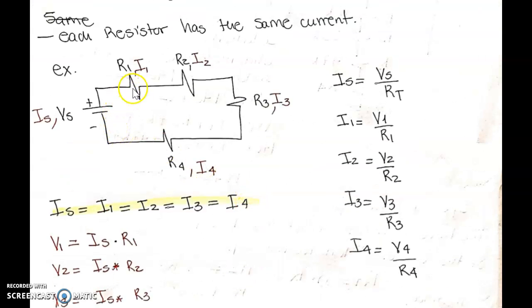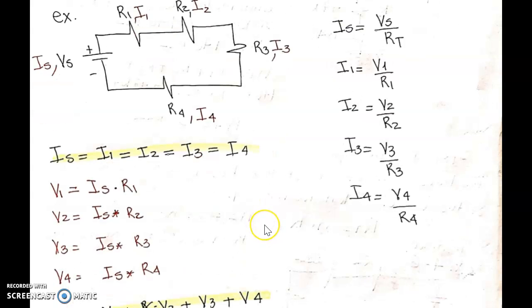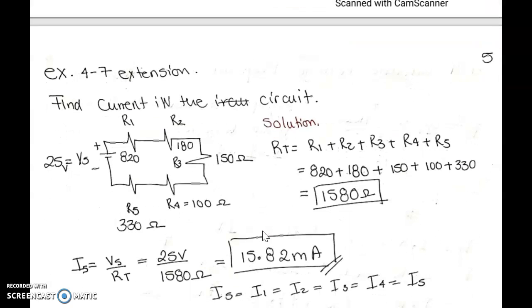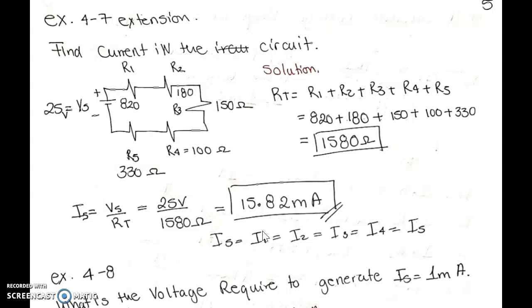That's how we find each drop across each resistor. So in a series circuit, we can conclude that the current is the same, but the voltage is divided. The voltage divides across each resistor. Series circuits are often considered voltage dividers, and we will see this toward the end of these example and problem videos.